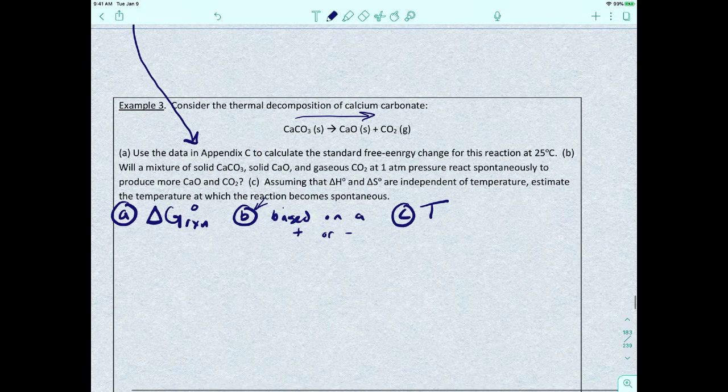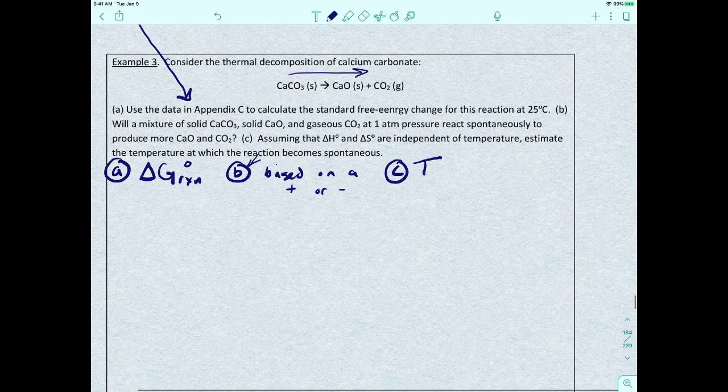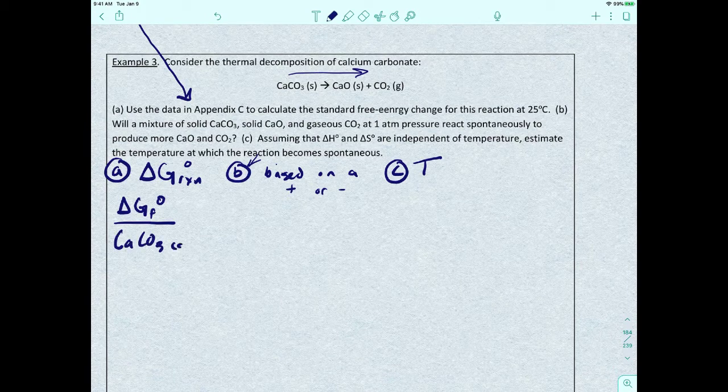All right. So to answer these questions, let's start with Part A first. Okay, so we have to consult an appendix of thermodynamic values in order to find the Gibbs free energies of formations of these compounds. So we need to look up the value for delta G sub F of calcium carbonate, solid, of calcium oxide, also solid, and then CO2 as a gas.